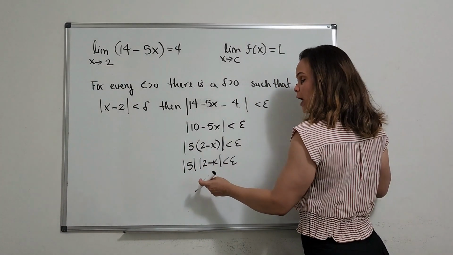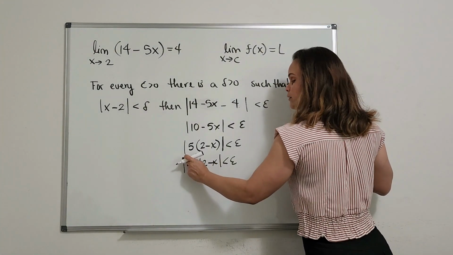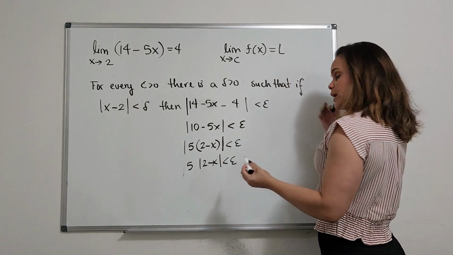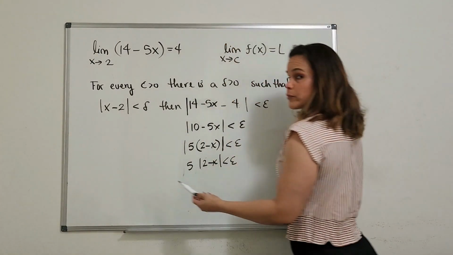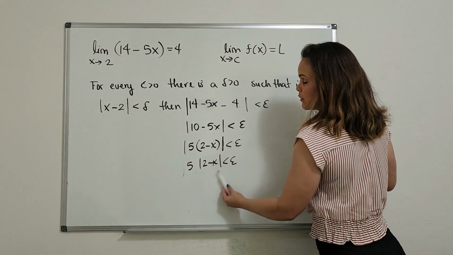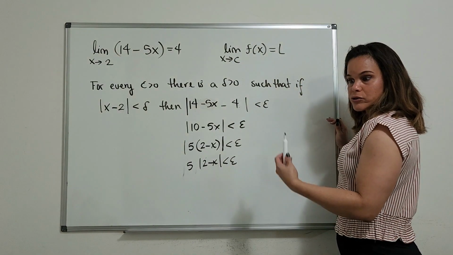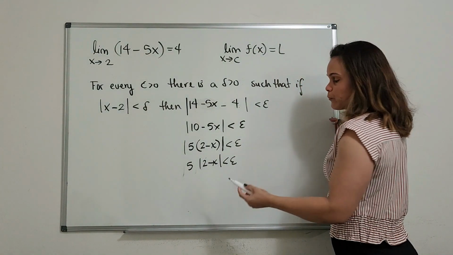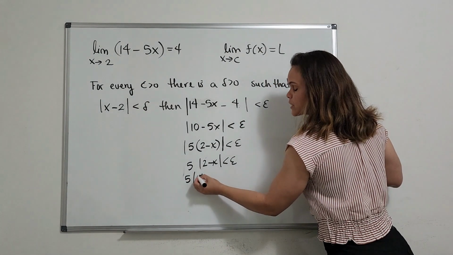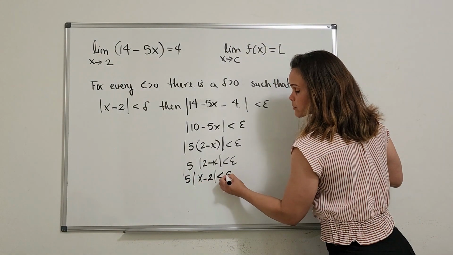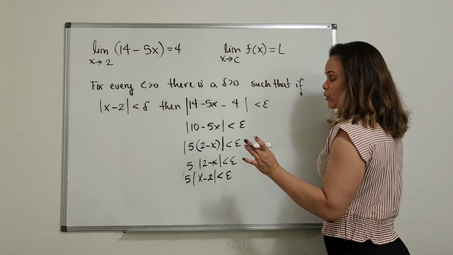The absolute value of 5 is 5, so I don't need to write the symbol of the absolute value. And I have 2 minus x, but I wish to have x minus 2. But that's okay, because I know that the absolute value is going to return a positive number. So the absolute value of 2 minus x is actually the same as the absolute value of x minus 2. So we're good with that.